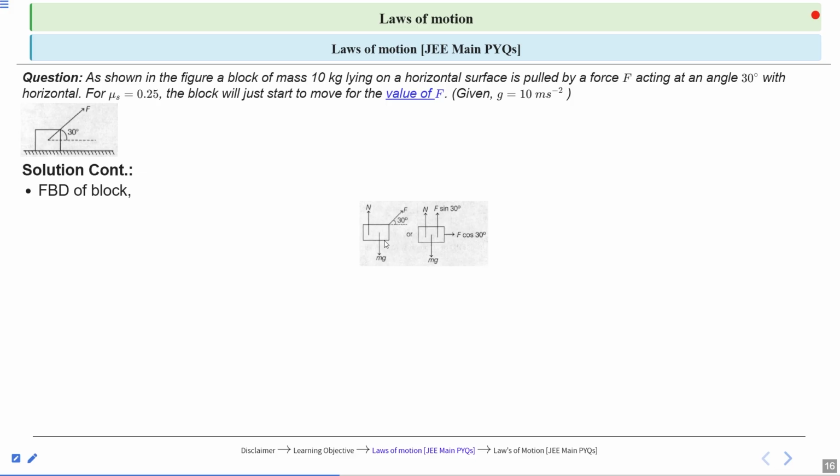The weight of the block acts vertically downward, and the normal reaction vertically upward. The force is applied at 30 degree with the horizontal. When we resolve F, there are two components: F cos 30 degree along the x axis, and F sin 30 degree along the y axis. Clear?